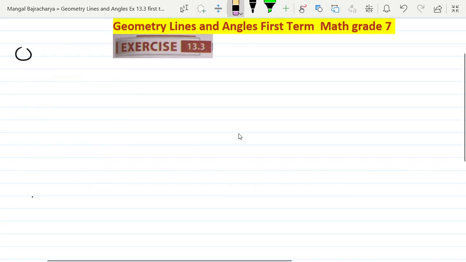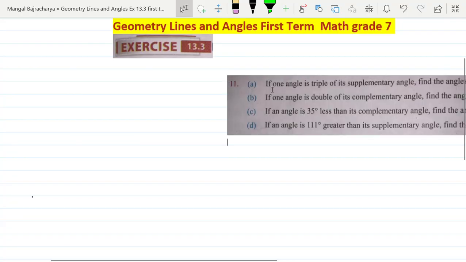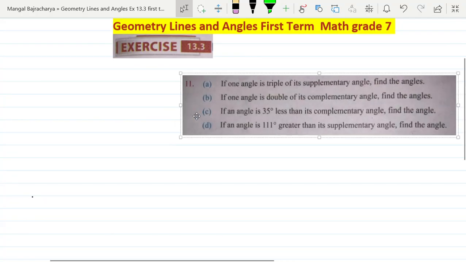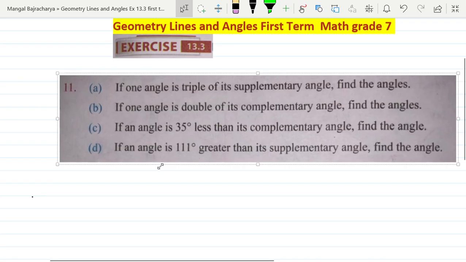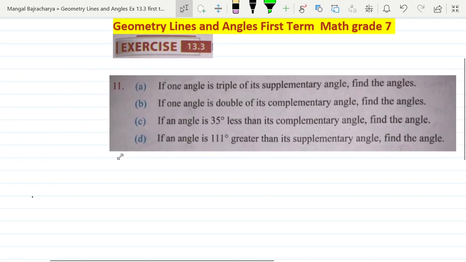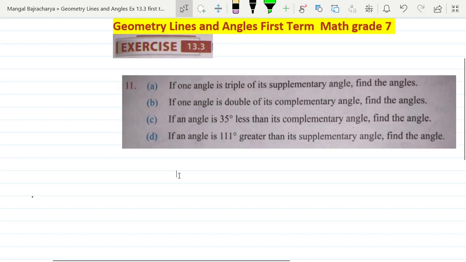Number 10 is done, and now I'm going with number 11. It's the same as number 10, but a bit higher ability is required here to understand.